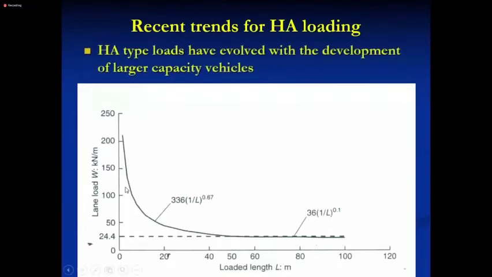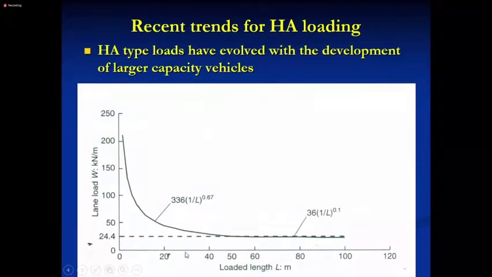And they allowed this type of loading. Here you can see for about 30 meters, you get about 30. But beyond that, you get a low value of 24 over 100 meters, and you go in a different line, and here also you get a higher value.